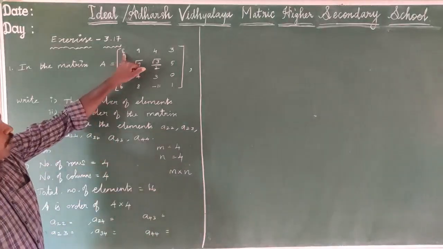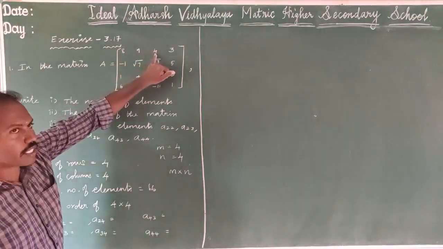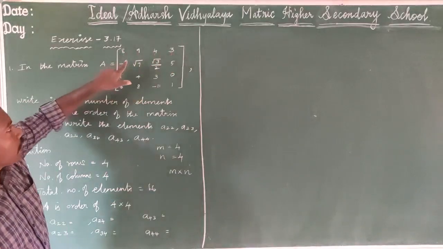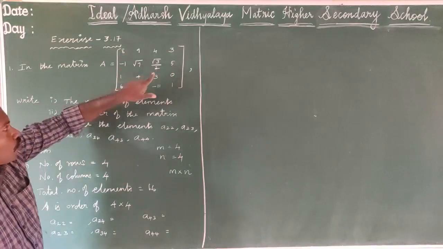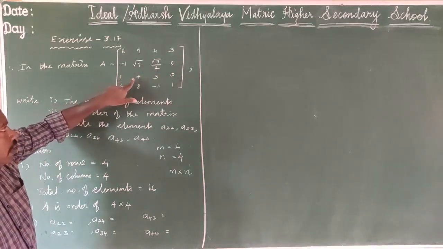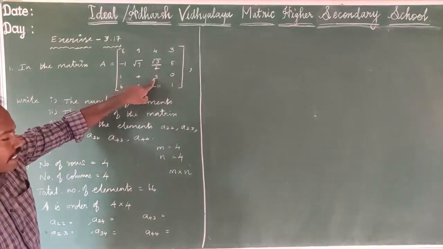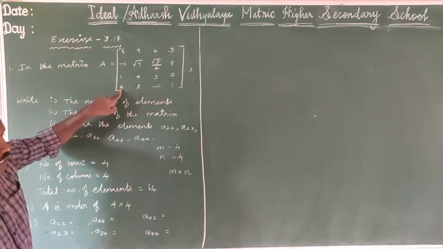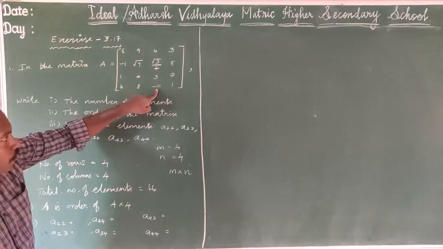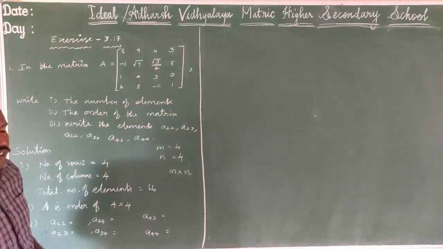Here the matrix is A11, A12, A13, A14, A21, A22, A23, A24, A31, A32, A33, A34, A41, A42, A43, A44.